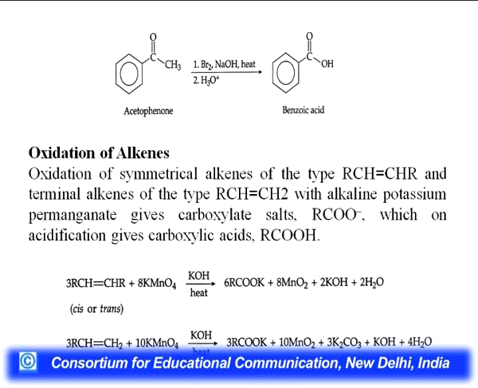So, you can see here we are taking the symmetrical alkenes, it can be cis, it can be trans. When reacted with potassium permanganate, first of all it will give you potassium salt of carboxylic acid.